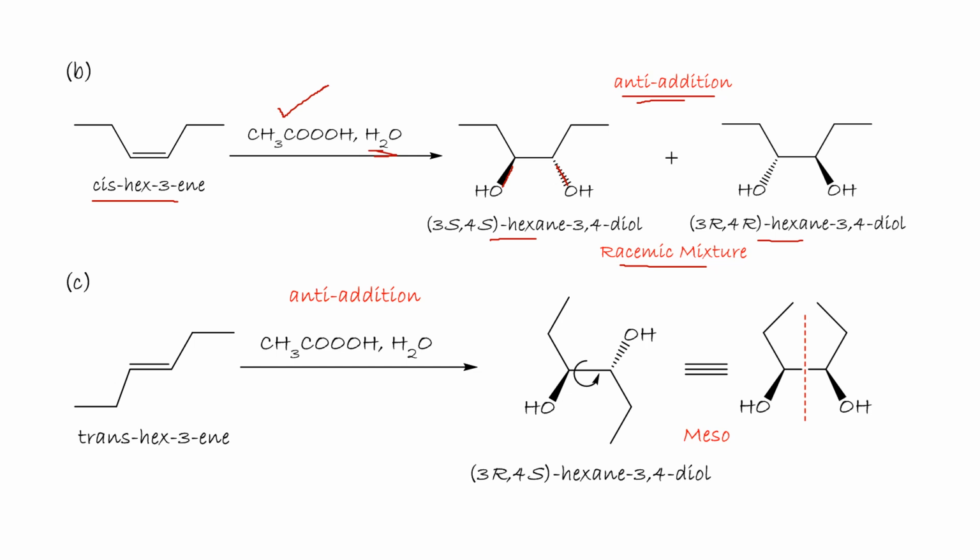Now, if you have the trans and you'd like to get meso, which has symmetry, you start with the trans, you do anti-addition, and you get the meso structure.